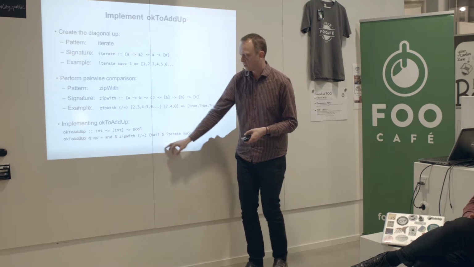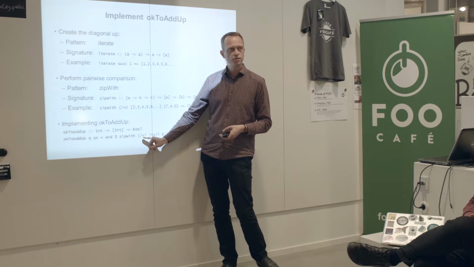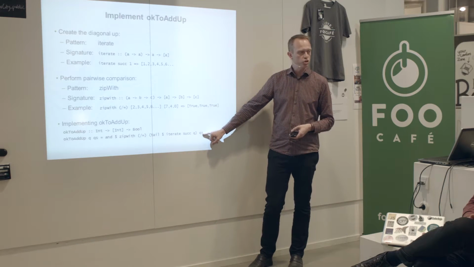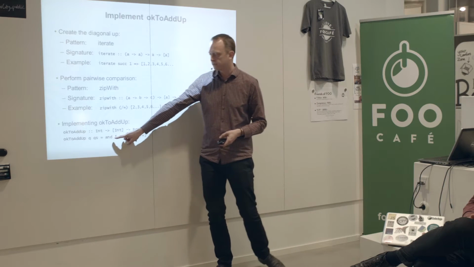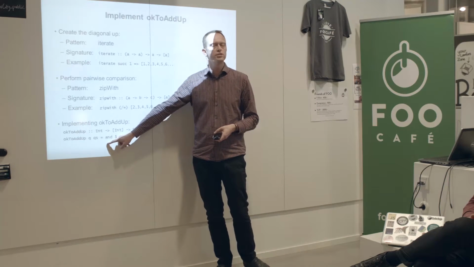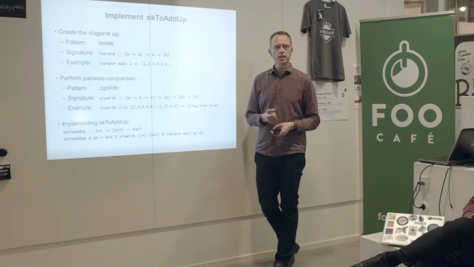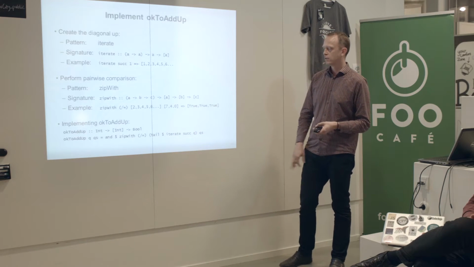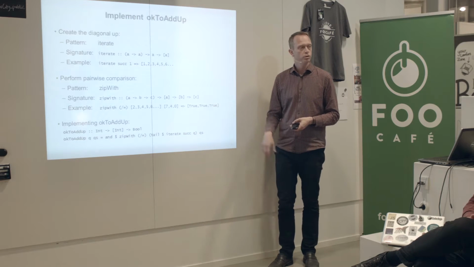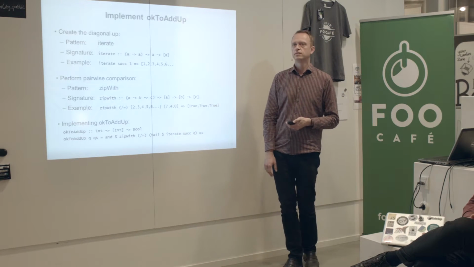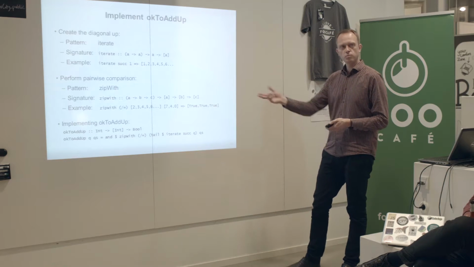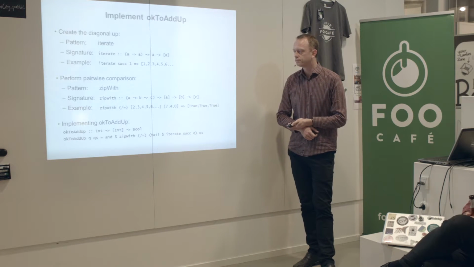Once I have that, I do a zip-with, non-equality, and my partial solution. And finally, I use this AND function, which takes a list of booleans and returns true if all of the elements of the list are true. So AND applied to this one would return true. And that's it. So then we have the implementation for OK to add up.